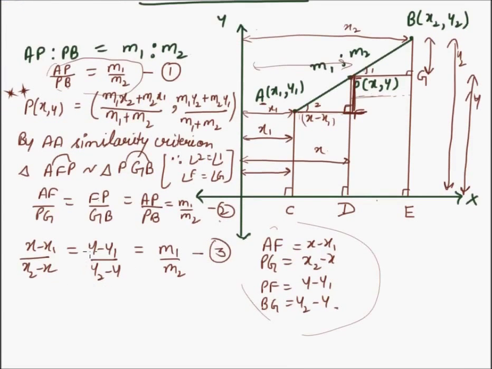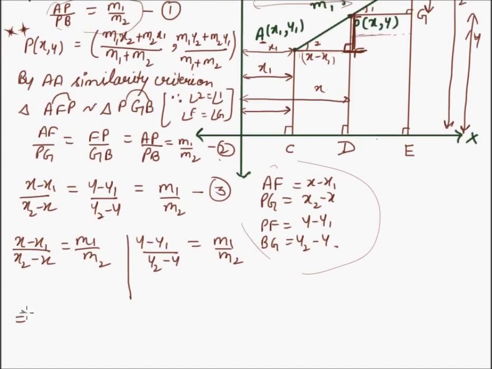Now let us separate these equations into a simpler form: (x minus x1) over (x2 minus x) will be equal to m1 over m2, and similarly (y minus y1) over (y2 minus y) will also be equal to m1 over m2.